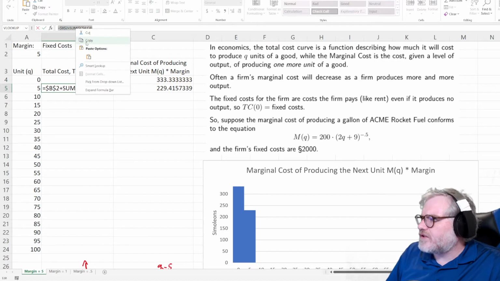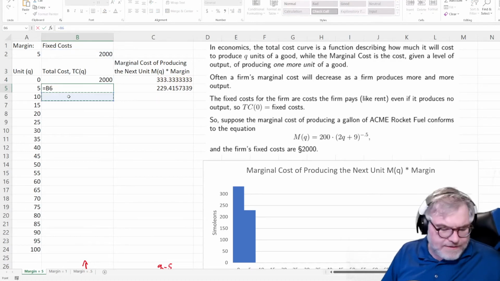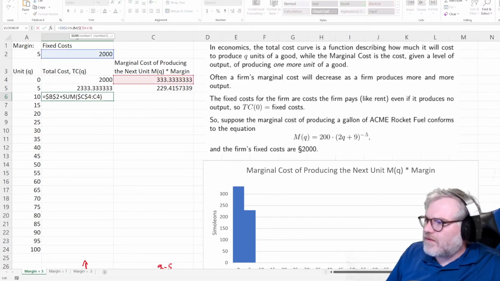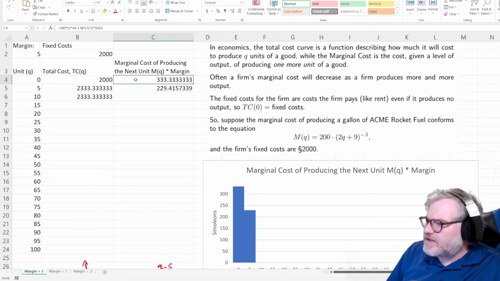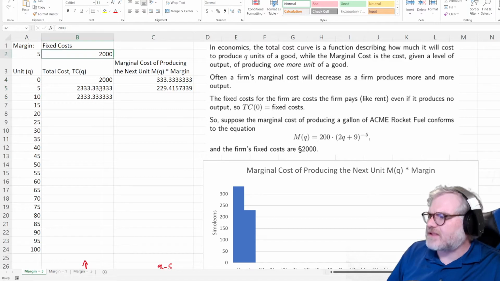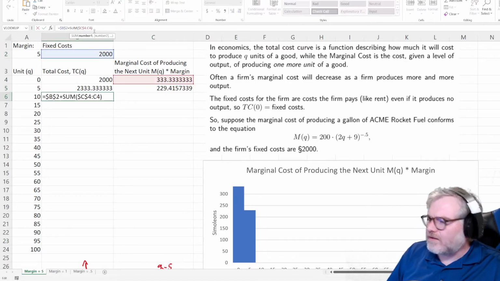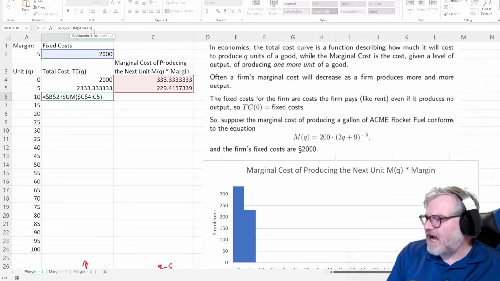And the way I'm going to do that is I'm going to take the sum of C4 to C5.